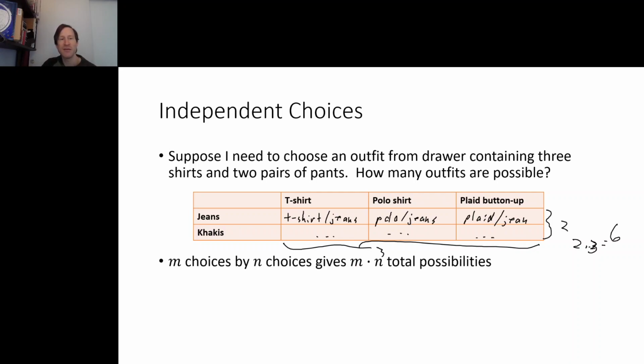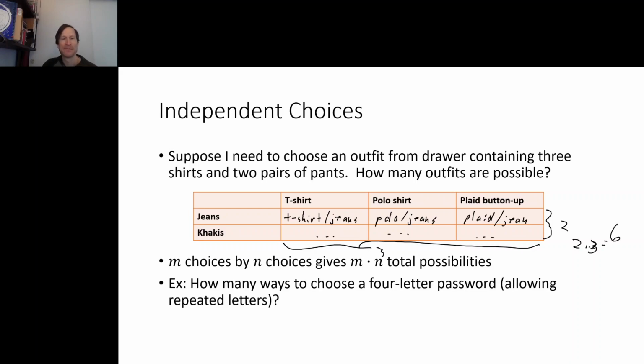If you have 2 choices to make and they're independent, and you have m choices for the first one and n choices for the second one, then the total number of possibilities you have is just the product, m times n. So for example, how many ways are there to choose a 4-letter password if we allow repeated letters? For the first letter, there are 26 choices.